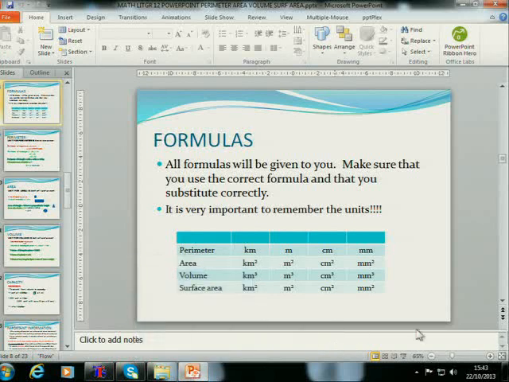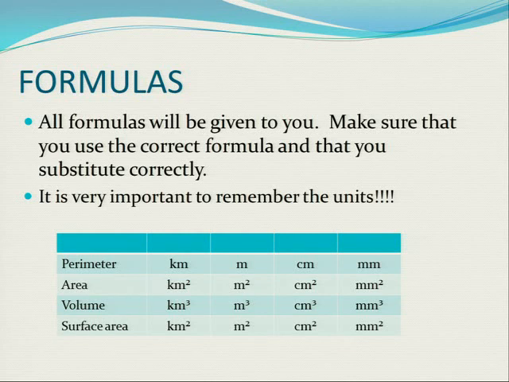Let's just recap on the different units that we had. For perimeter, we used kilometers or meters, area, two-dimensional, meter square, volume, three-dimensional, so it's meters to the power of 3, and now the last one, the surface area.